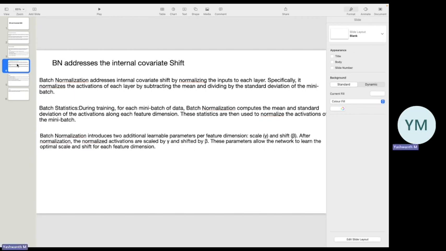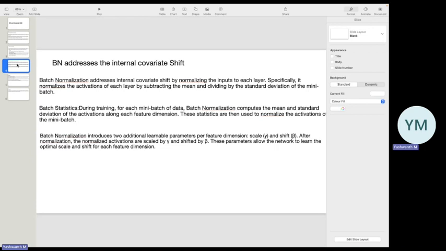Along with this normalization of each layer, batch norm also introduces two additional parameters called scale and shift parameters.